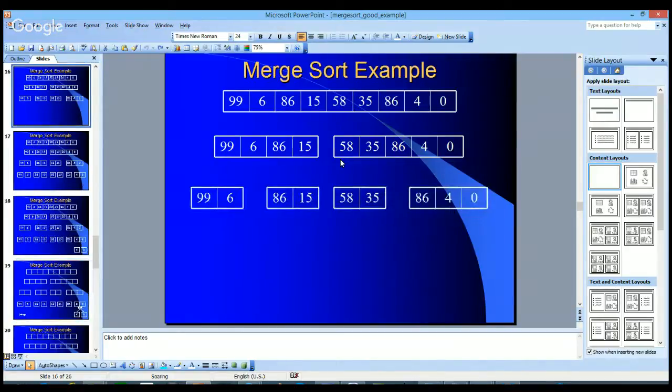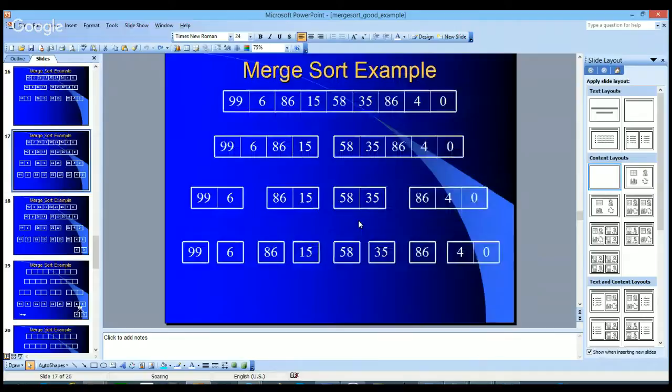This is the second stage where it is divided further, and here we can see only 4 and 0 is left to be separated, and right here all the elements are already separated and they are in the single element state.